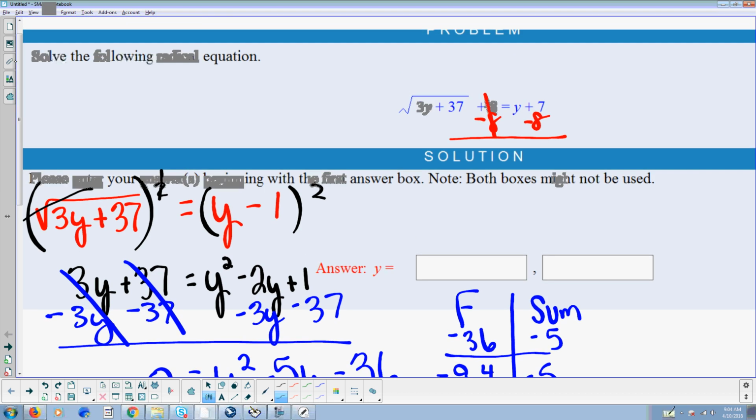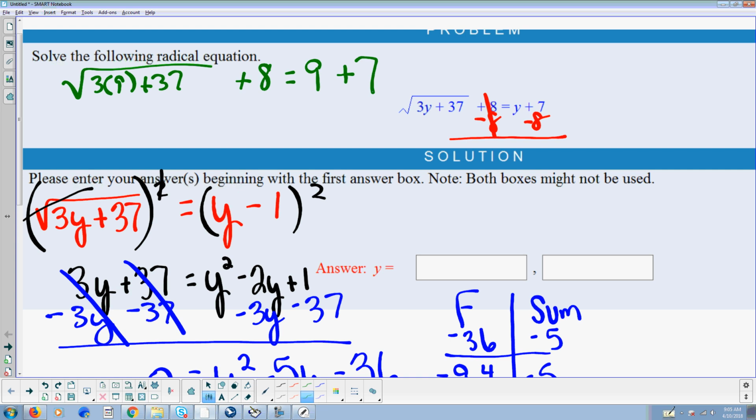So to do that, I will substitute radical 3 times 9 plus 37 plus 8 equals 9 plus 7. Does each side of this equation equal each other? So 3 times 9 is 27, and 27 plus 37 is 64, and the square root of 64 is 8 plus 8.